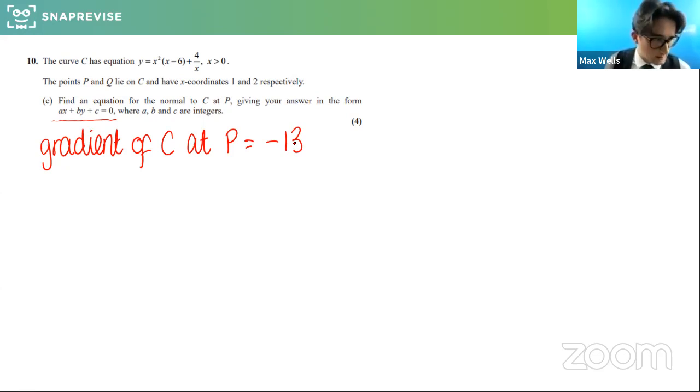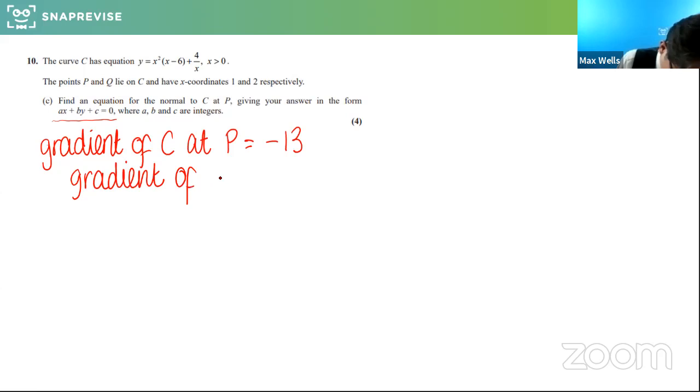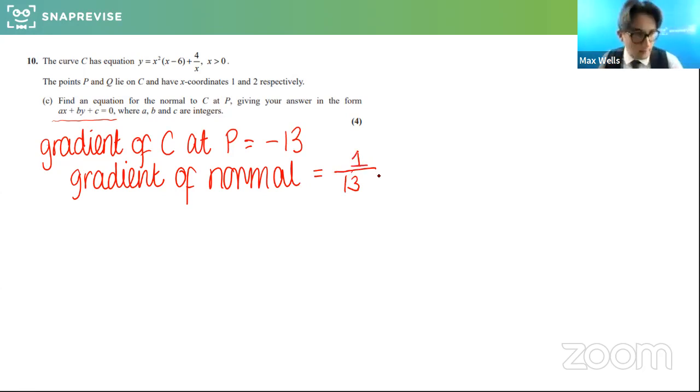So you change the signs and you flip the fraction, do 1 over it. So gradient of normal equals 1/13. Okay, and that's really key.